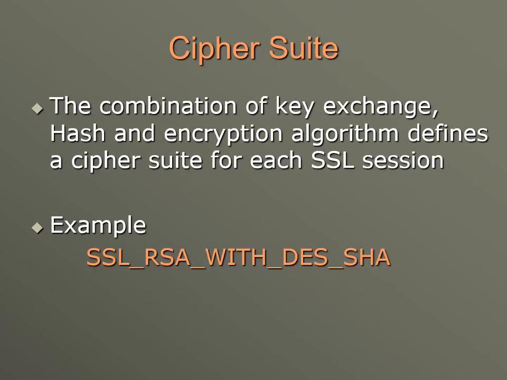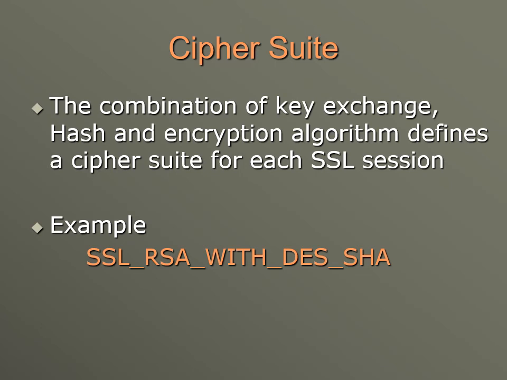Then the next important concept which you need to understand is the cipher suite. As we have studied, SSL provides entity authentication, integrity and confidentiality. So in that case, it has to use different encryption and decryption algorithms and hash algorithms, and for that it needs a key. And both parties have to use the same key. For example, when the sender is using the DES algorithm, the receiver has to use DES along with the same key.